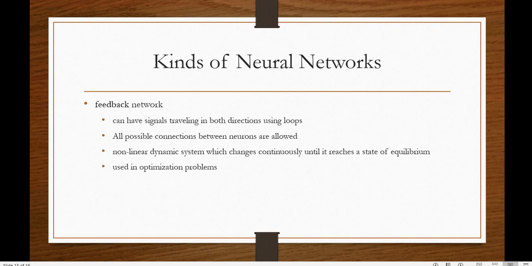It is a nonlinear dynamic system which changes continuously until it reaches a state of equilibrium. So it's a continuous process where you are trying all possible combinations of values, adjusting the weights, adjusting the bias, everything, so that you get the best possible solution. For this type of problem, you should have the feedback network.